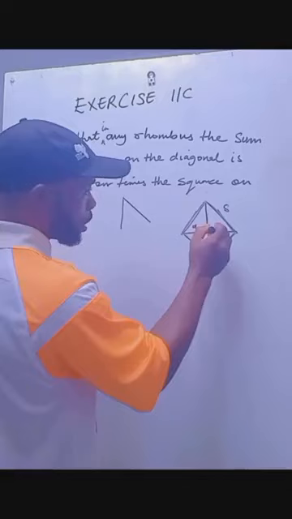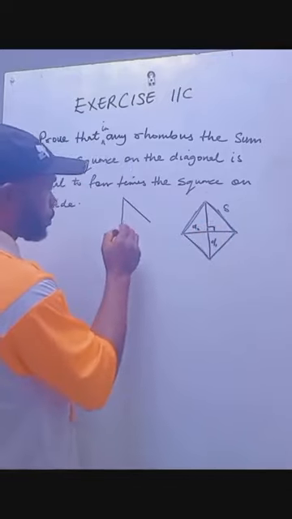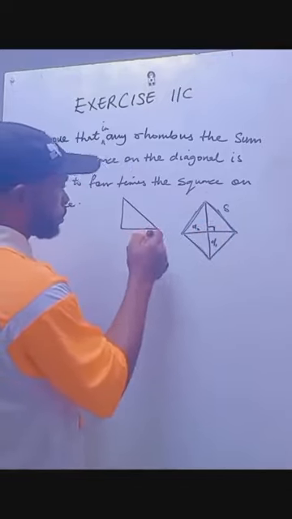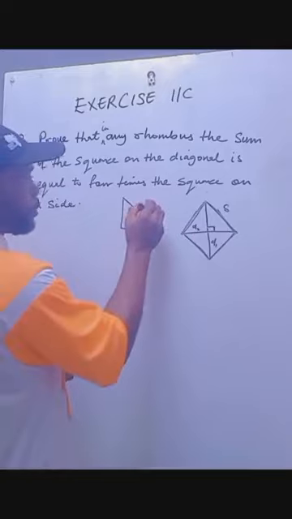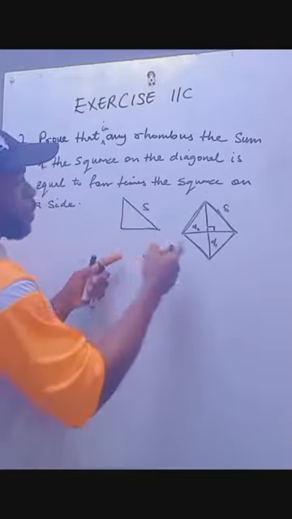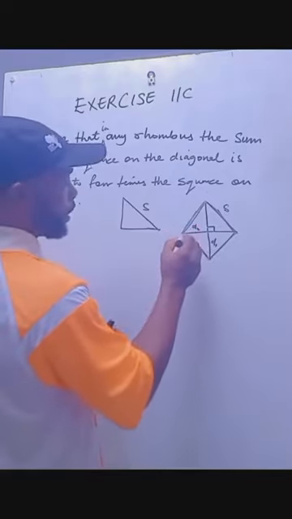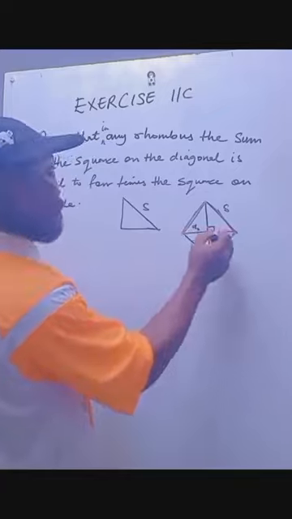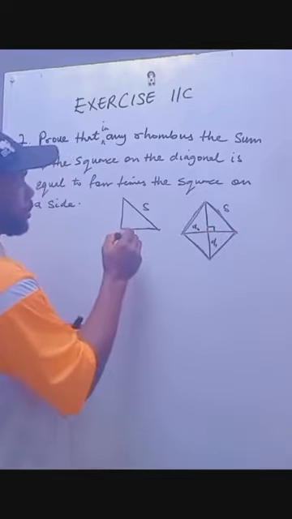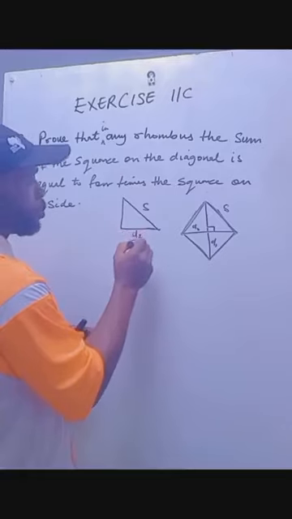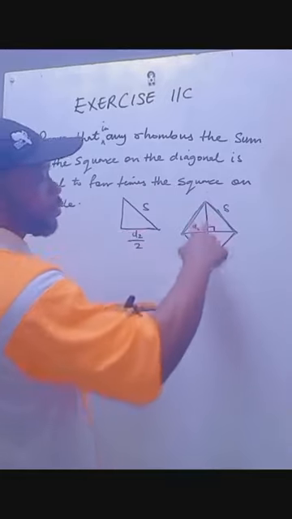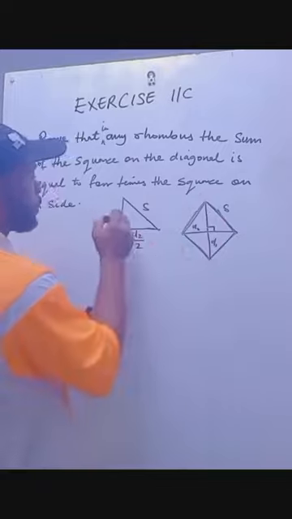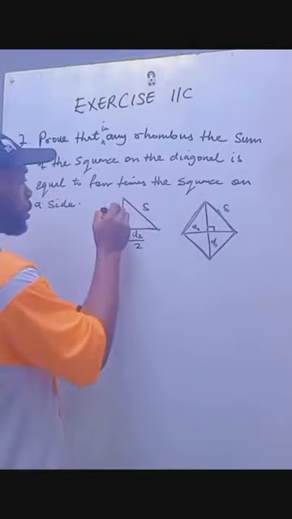So we are going to bring out this right angle triangle with side X. Now, the length of this diagonal is D2. Therefore, half of the length is D2 all over 2. The length of this diagonal is D1. Therefore, half of it is D1 over 2.